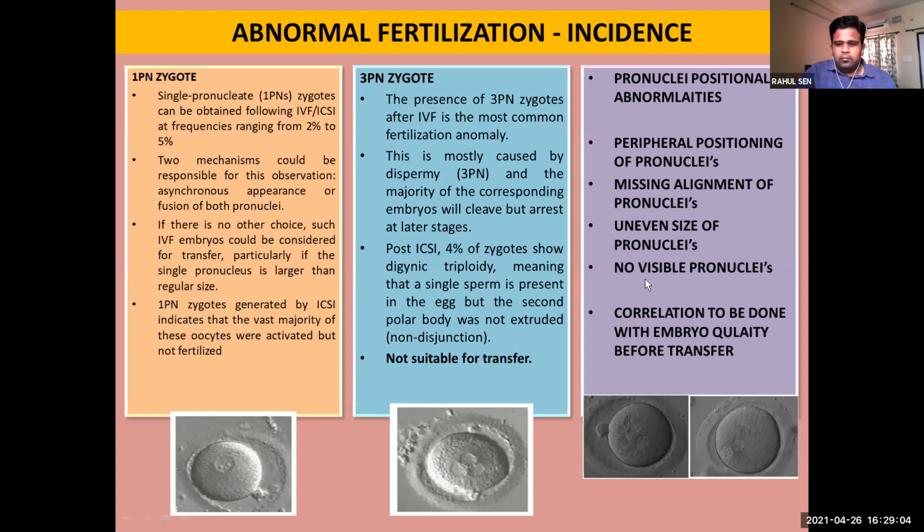The other abnormalities we have discussed, like peripheral positioning of pronuclei, misalignment, uneven size of pronuclei, or no visible pronuclei at all, should be correlated with later embryonic development and only then selected for transfer.